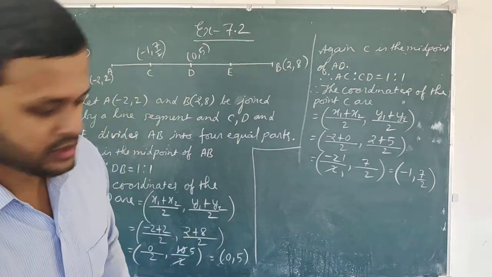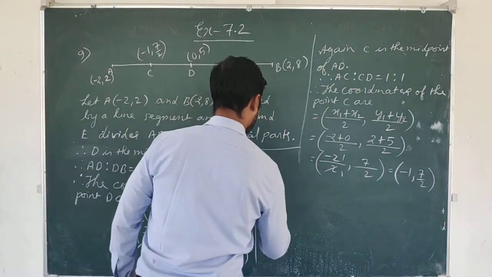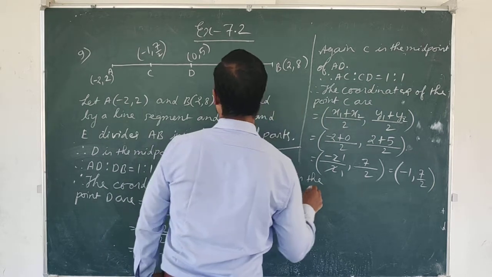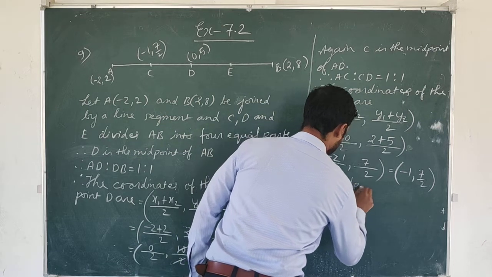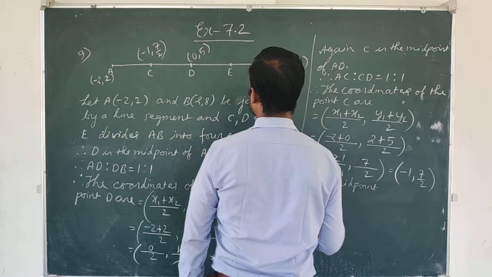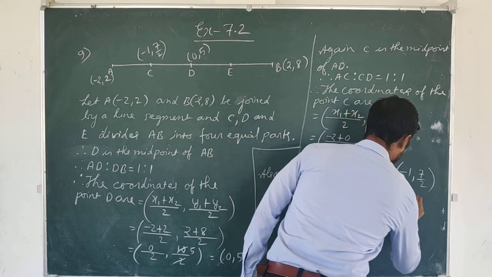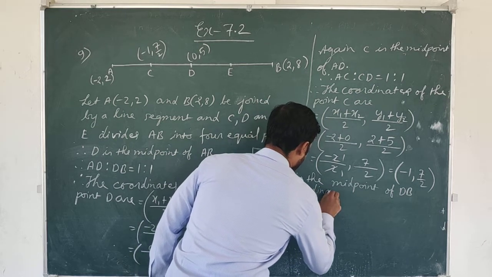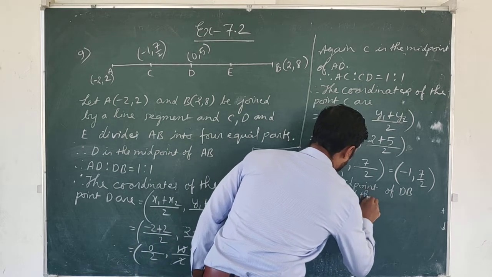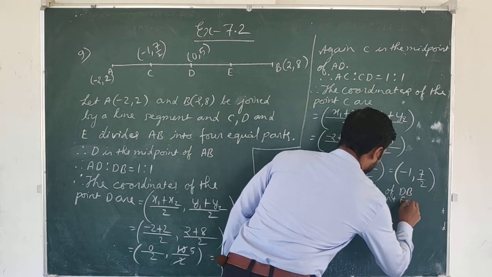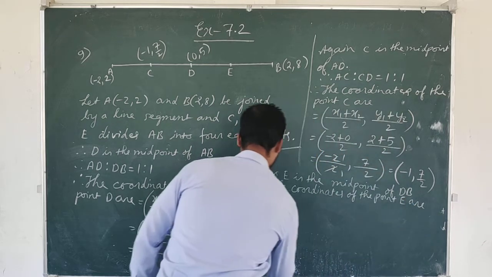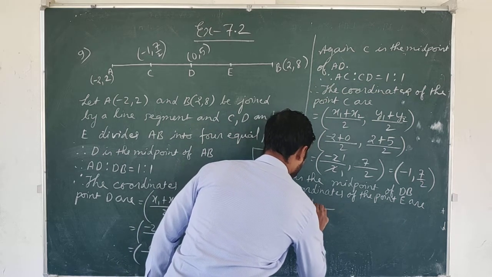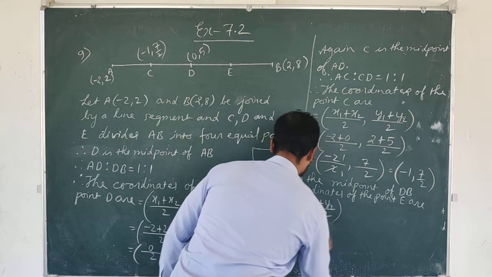And now we need the coordinates of the point E. Also, E is the midpoint of BD. Therefore, the coordinates of the point E are equal to (x1 plus x2) by 2 and (y1 plus y2) by 2.